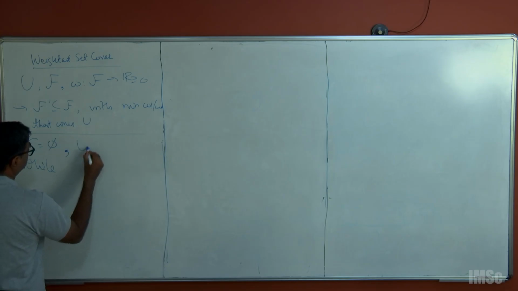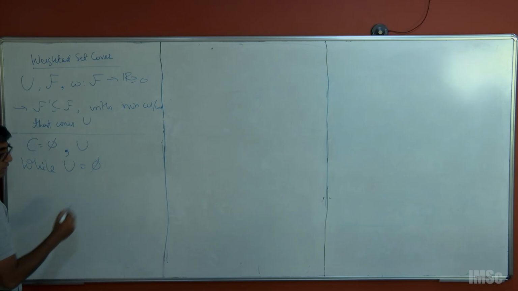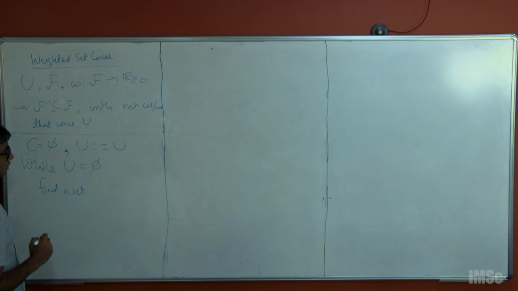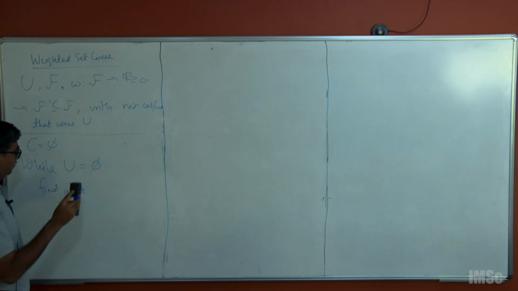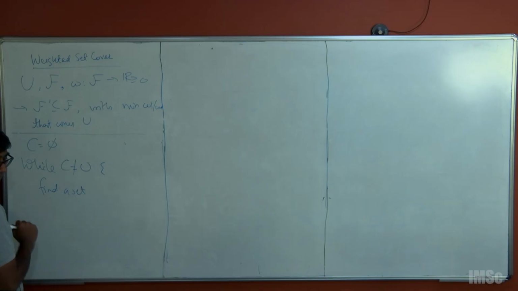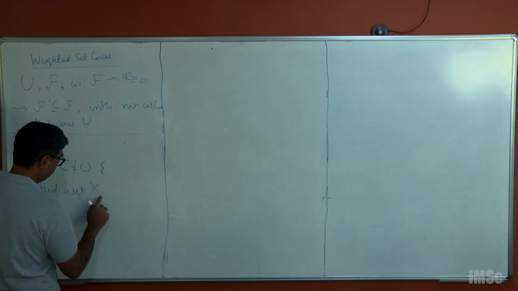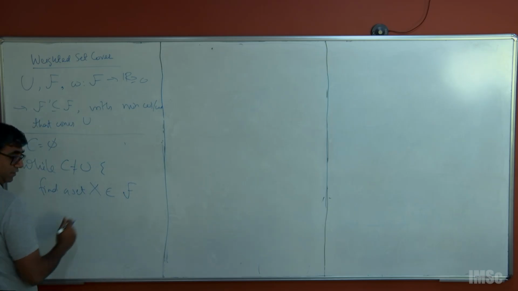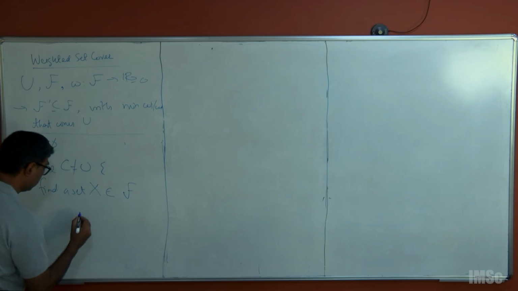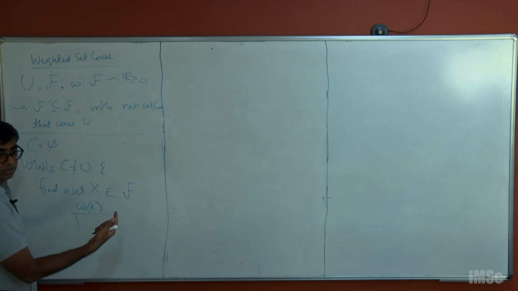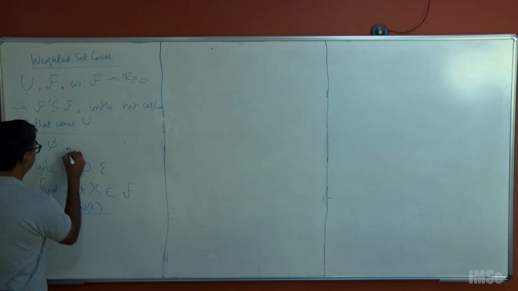While U is not equal to phi, find a set X in your family where the weight of X remains, but its cost is per how much is left to be covered. So I think it's best to keep U.